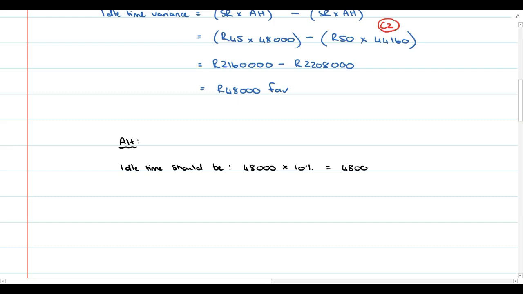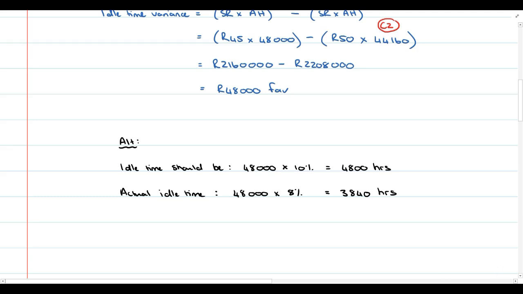So you compare what the idle time should be to the actual idle time. And the actual idle time, if they were 92% productive, then they were only idle 8% of the time. So your actual idle time will be 3,840 hours.